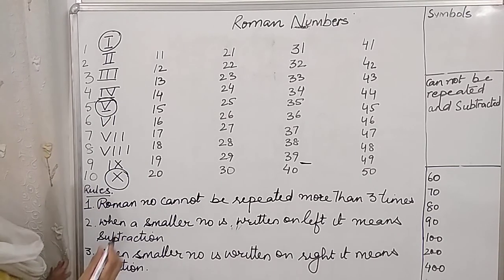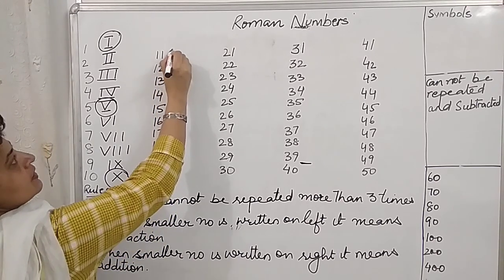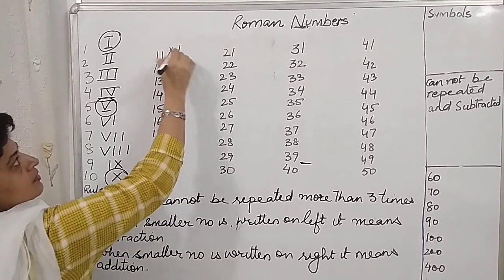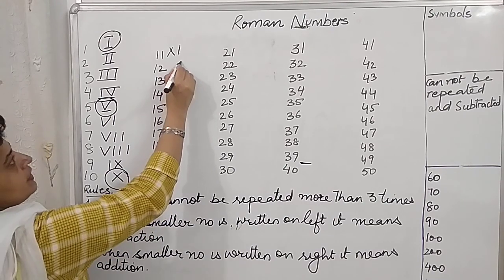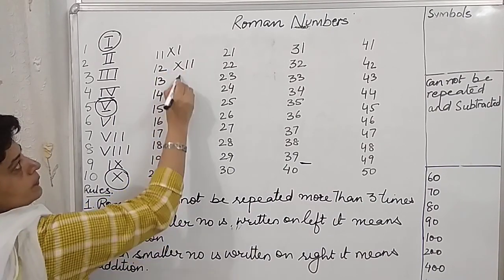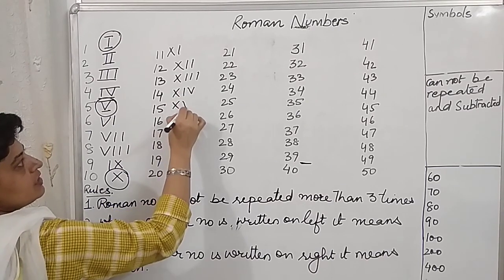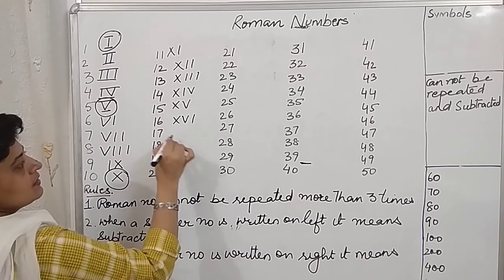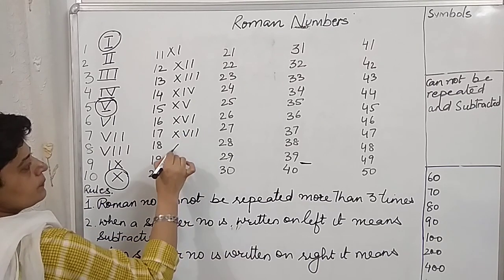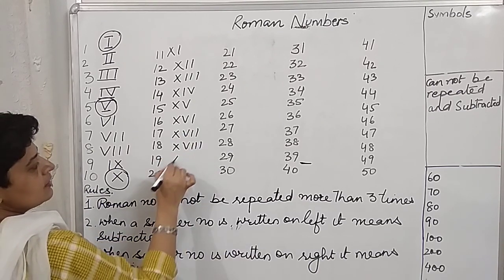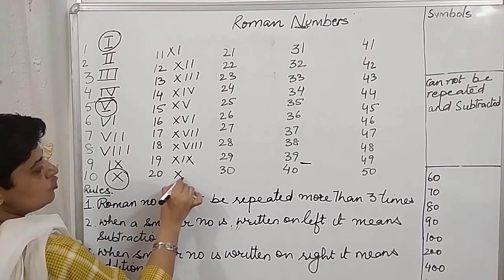Now let's see how we write 11. 11 means 10 and 1. 12 means 10 and 2. 13, 14, 15, 16, 17, 18, 19, 20.